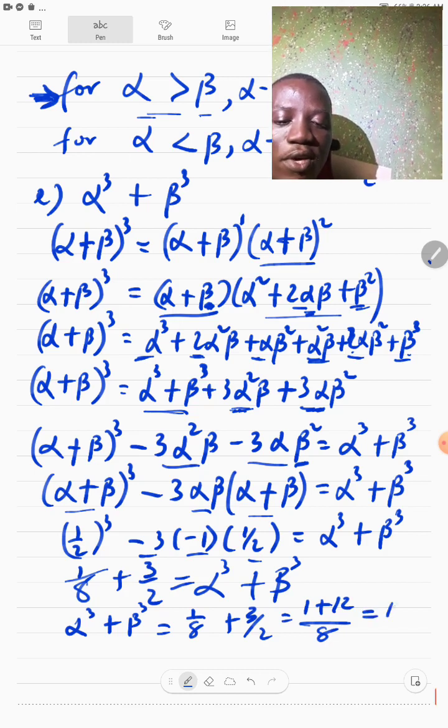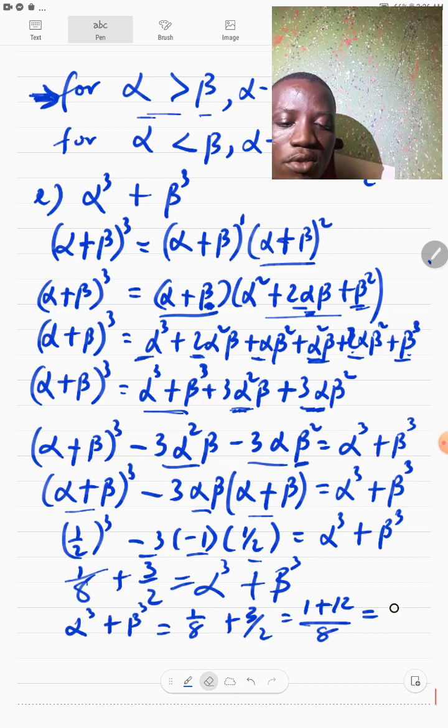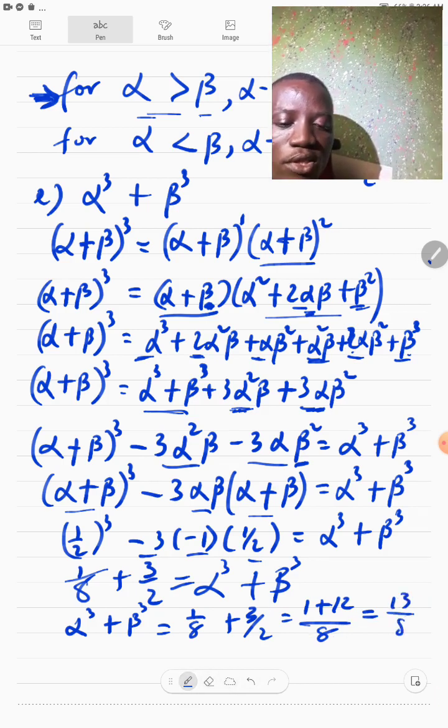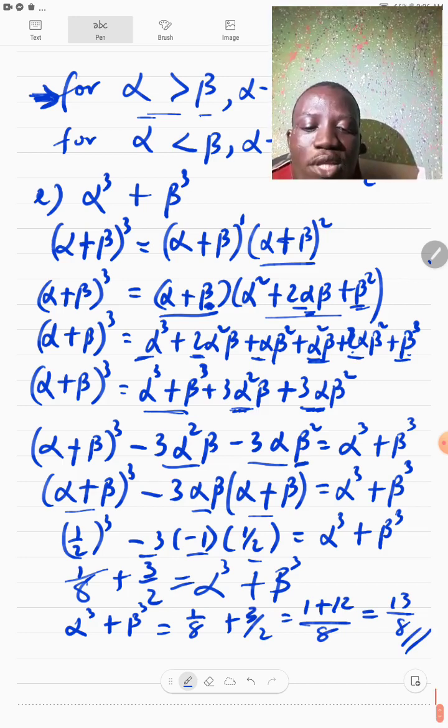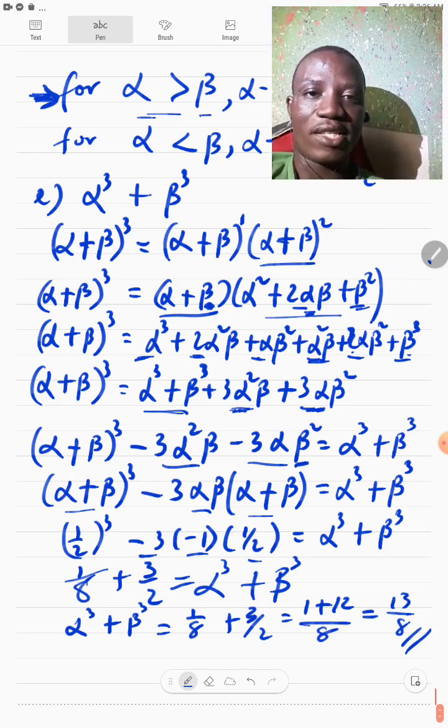And our final answer to that, I'm going to write that, 13 over 8. So our alpha cube plus beta cube is actually 13 over 8.